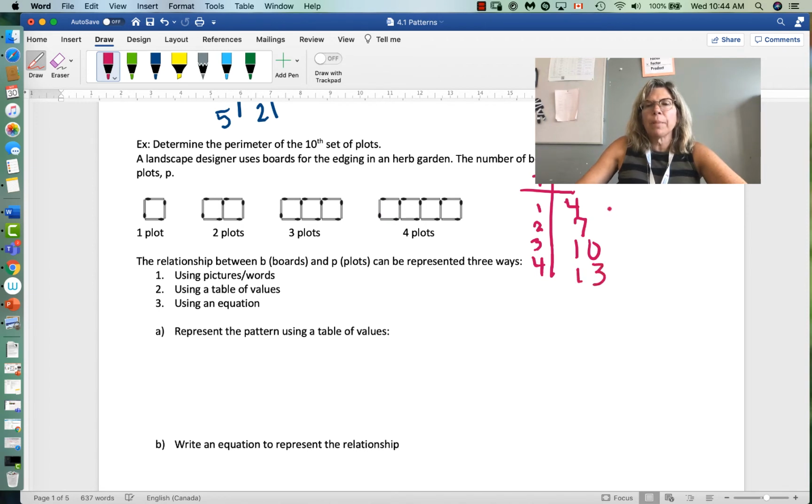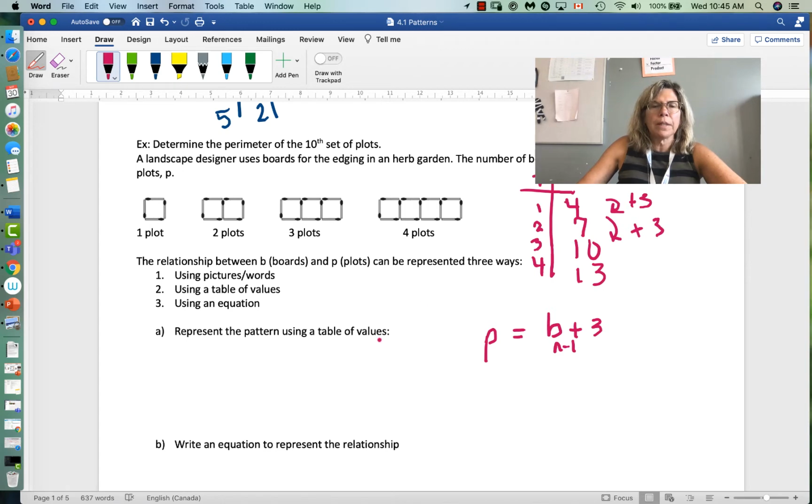So we're going up by 3, right? So if we want to represent the number of boards, B, related to the number of plots, P, well, B of n equals B of the previous one, n minus 1, plus 3.